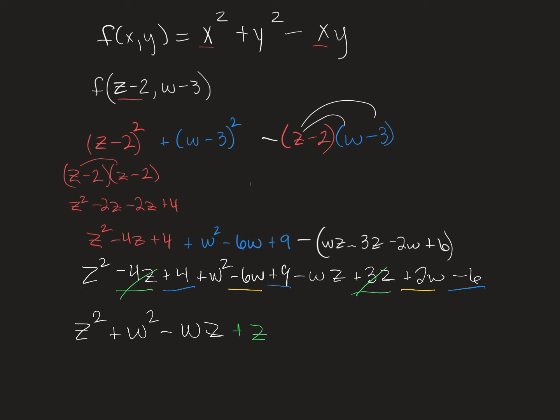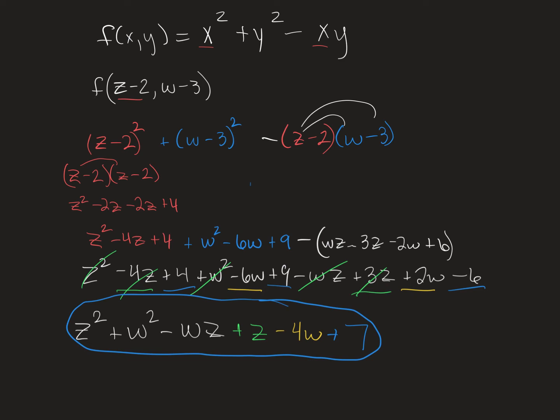That takes care of that. Negative 6w and 2w is a negative 4w. And then 4, 9, and negative 6 is a 7. So that would be your final answer. It's a little bit of algebra work. It's good practice. Really, that's as much as there is to this one. It's fairly straightforward.